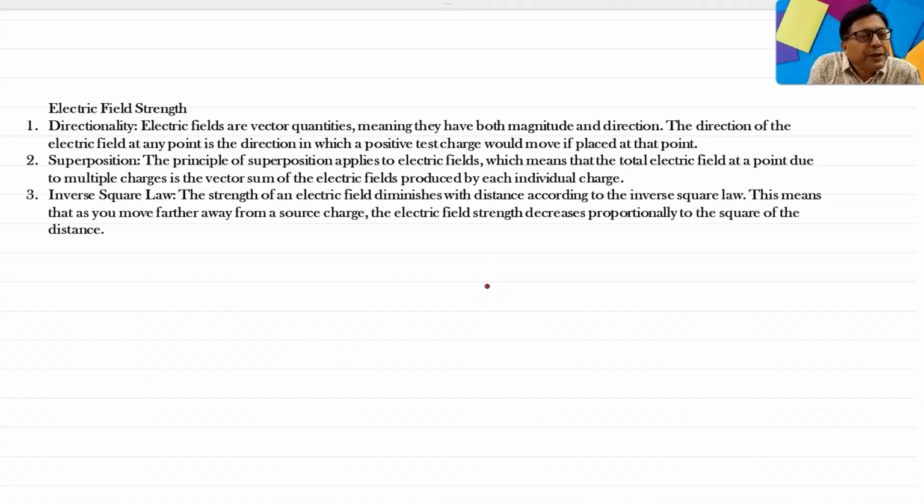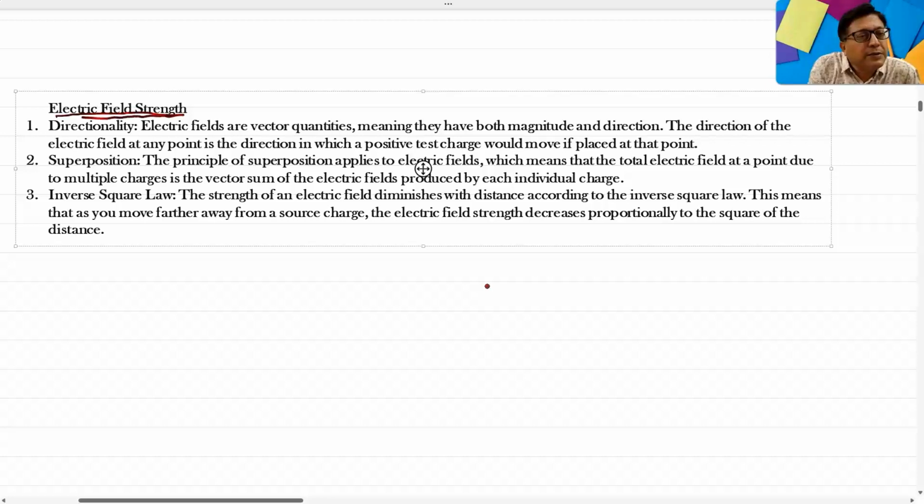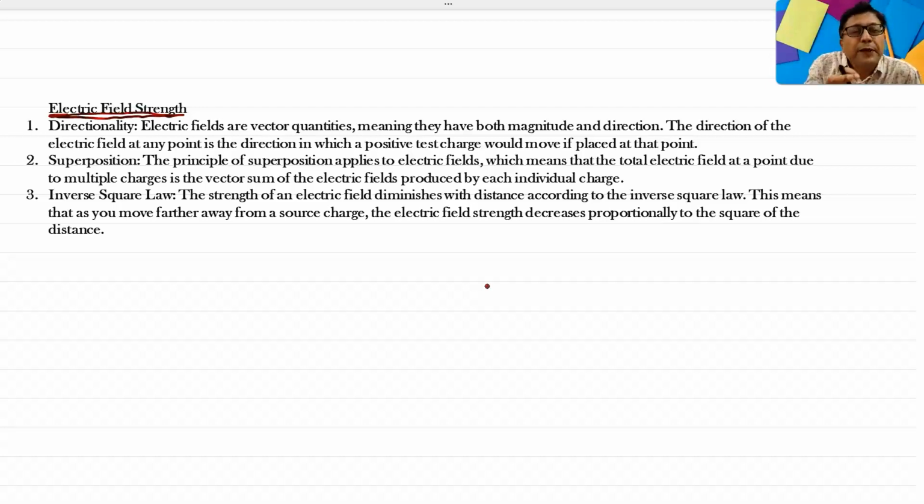Before we enter the next part of today's class, we will remember the concept of electric field and electric field strength once more. Field is the region of space; electric field strength is the magnitude of force experienced by a vanishingly small test charge per unit charge of the field.